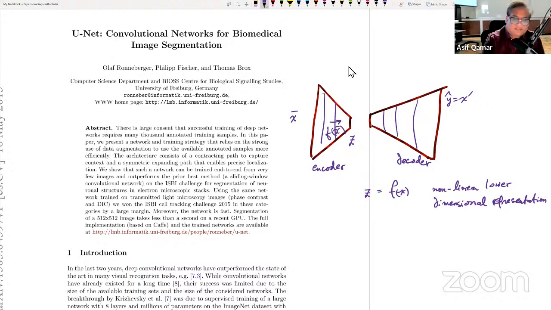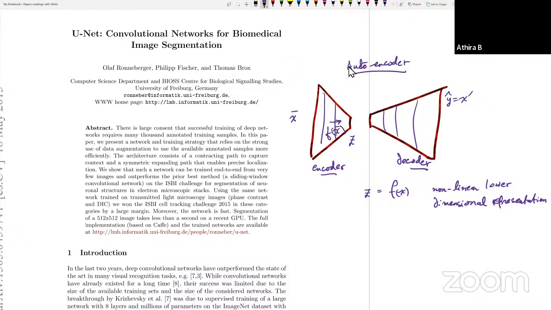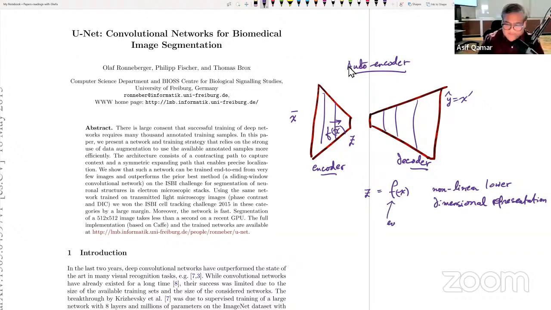I'll repeat. This is your autoencoder. If you recall, the autoencoder was made up of an encoder and a decoder. The encoder is an encoding function that takes an input, X, and creates a latent representation.